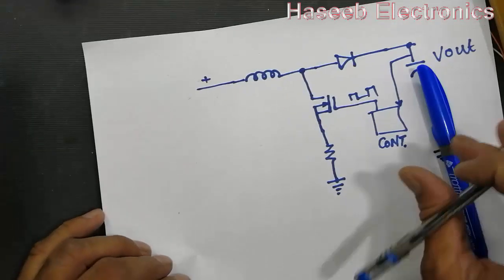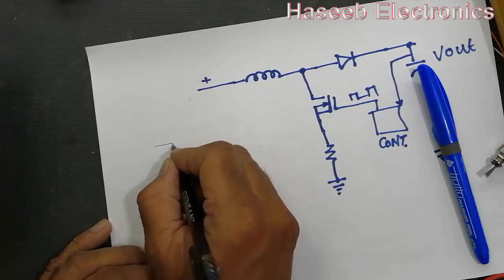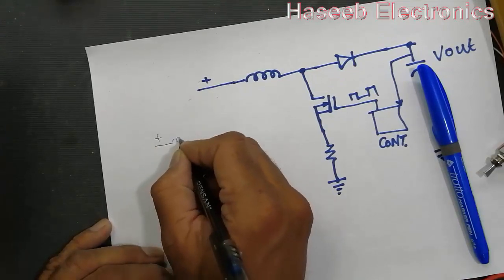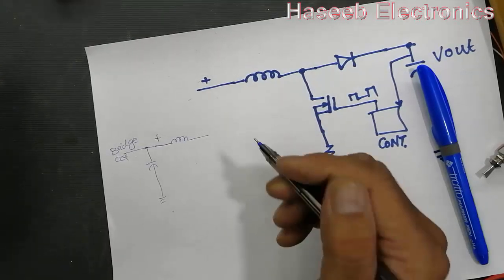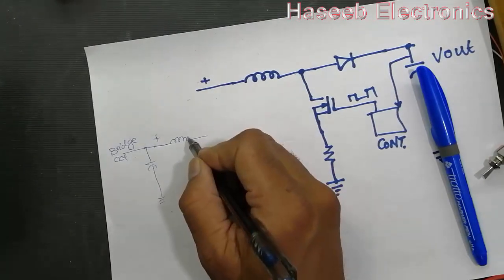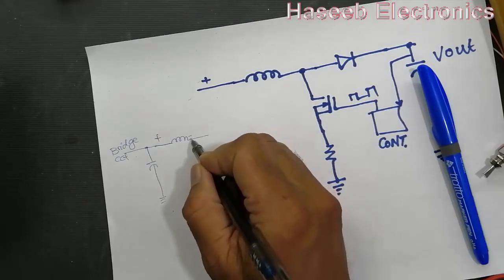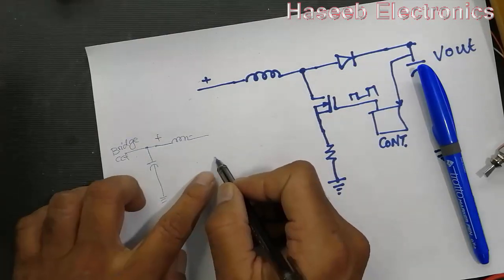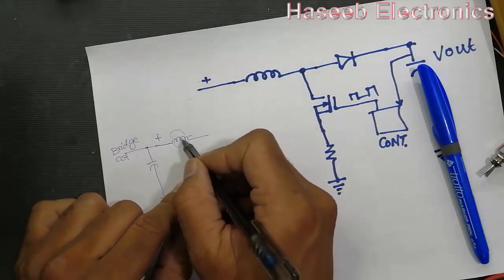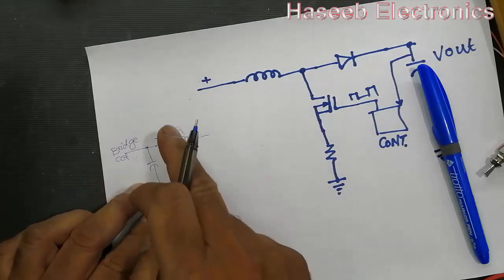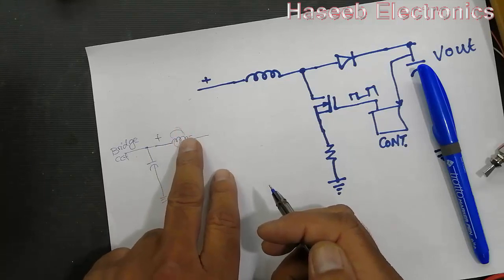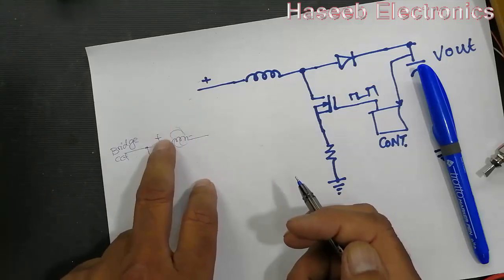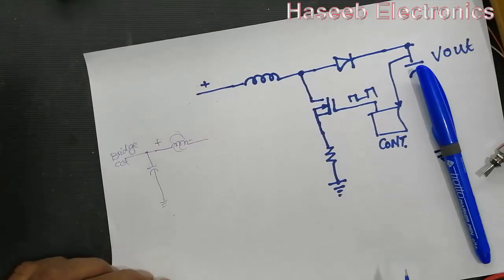In the first condition, we applied a positive voltage to this inductor. This end was positive, this end was negative. Now this magnetic field has to collapse. When it collapses, it will induce a voltage of reverse polarity to the applied voltage.